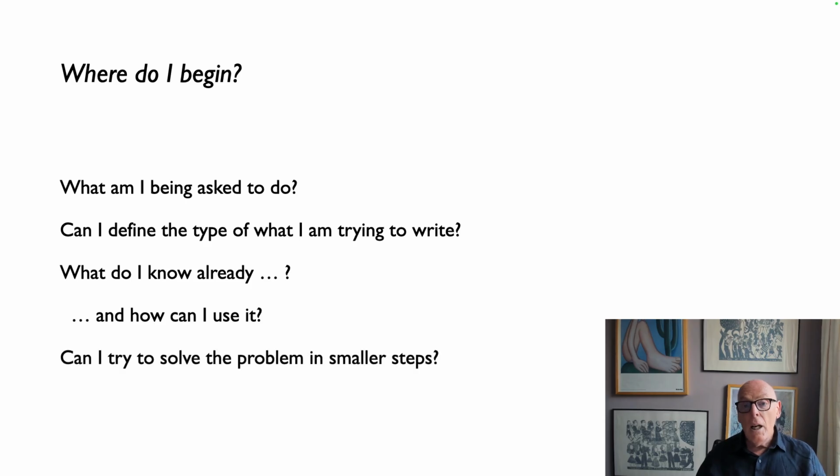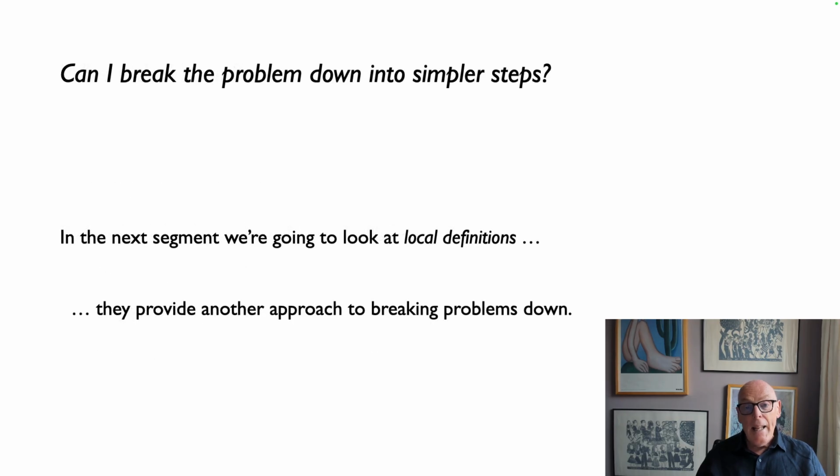And then finally, approaches, thinking about trying to solve the problem in smaller steps. And in the next segment, I look at what are called local definitions, which is a particularly useful way of breaking a problem down into simpler steps. So we'll be looking at a particular construct in Haskell, or constructs that allow us to do this breaking down of a problem into simpler steps.